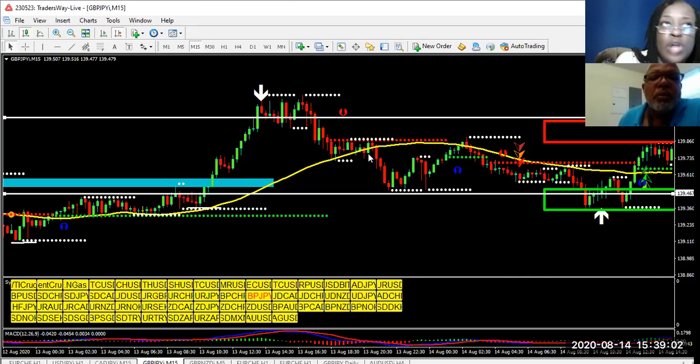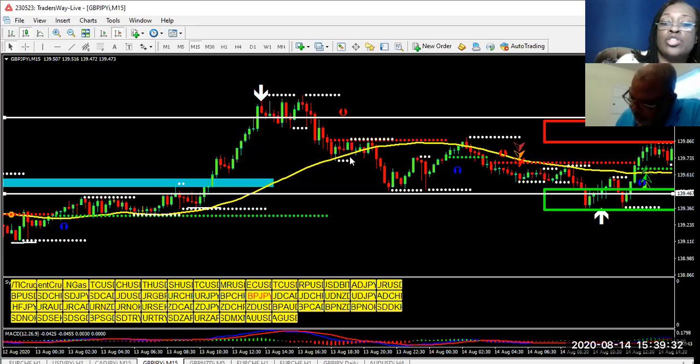If no, look at your previous support or resistance to identify where you're going to take your profit. If it did close on a support or resistance dot, don't take the trade. Wait for price or the candle to break those dots.